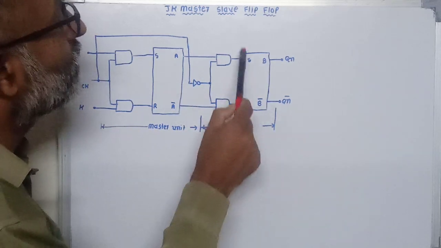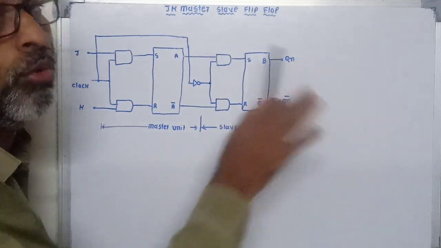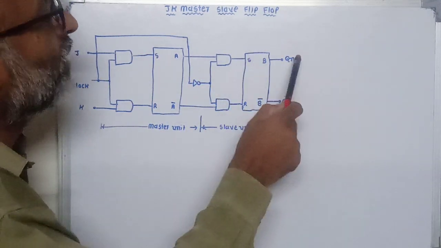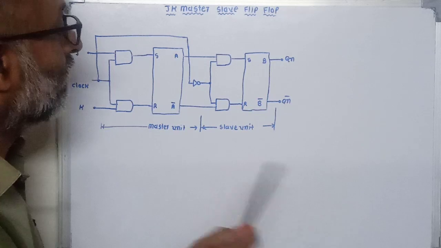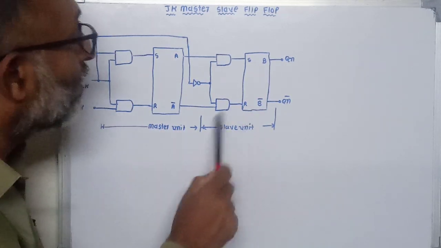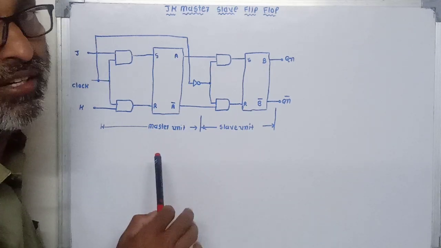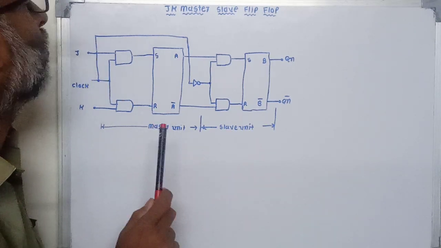Now according to its input condition, it will change its output. So either it may be in reset or set condition. Thus we can say that the slave unit copies the master unit. So it is most important.